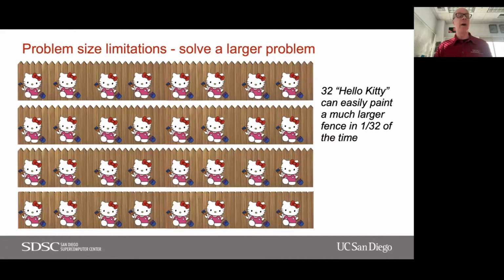This is really common in parallel computing, where let's say we're doing a climate or a weather simulation. We'll use a larger grid with a finer grid size, and now we have more work that can be distributed across multiple nodes or cores.